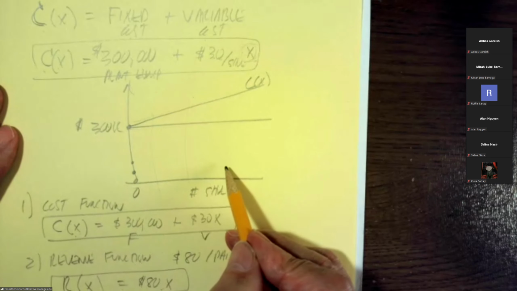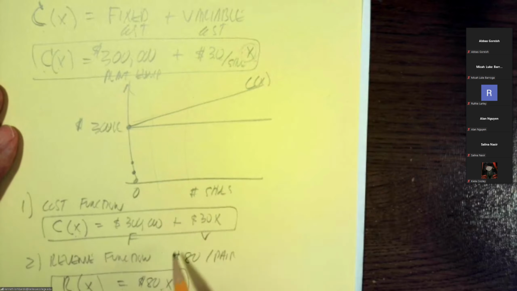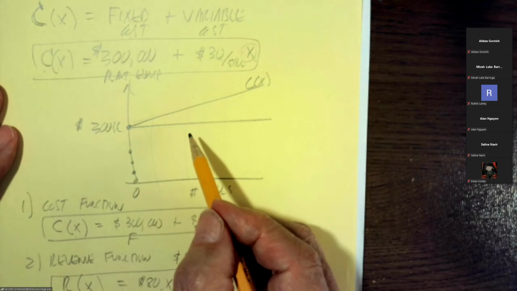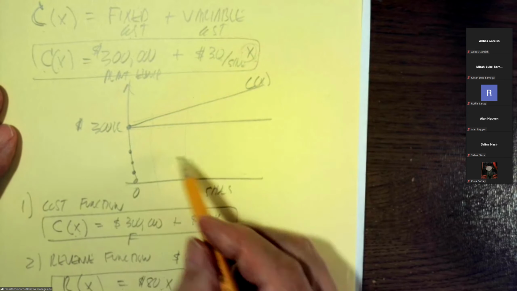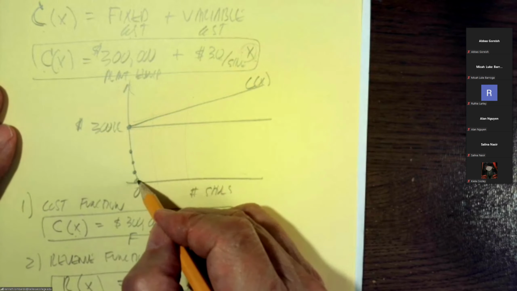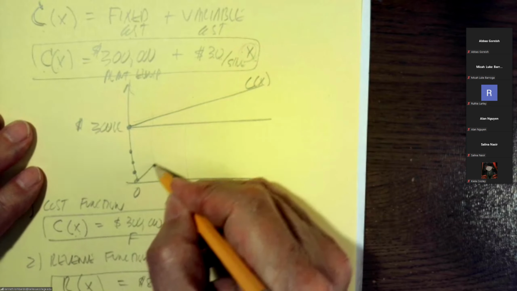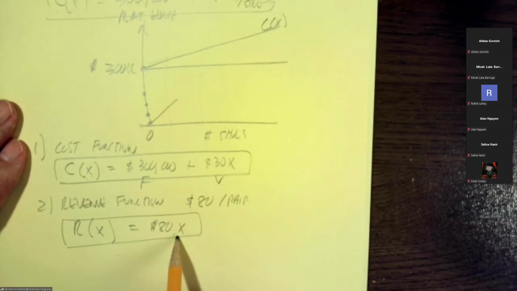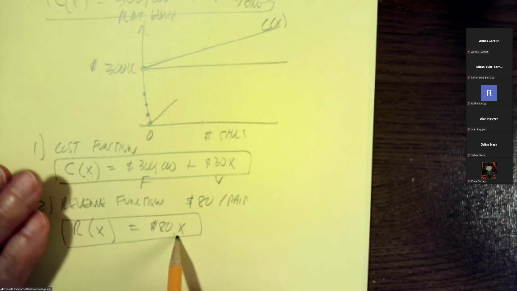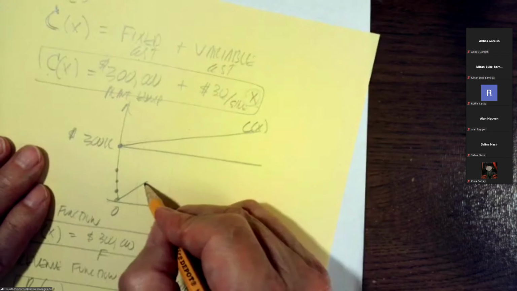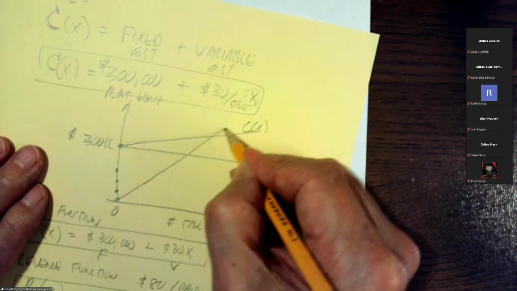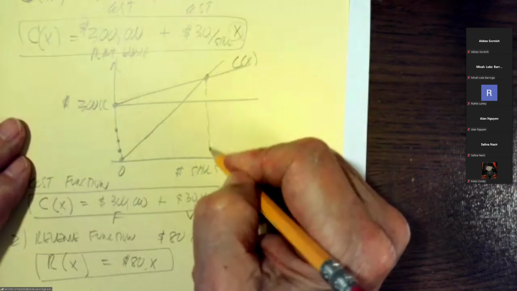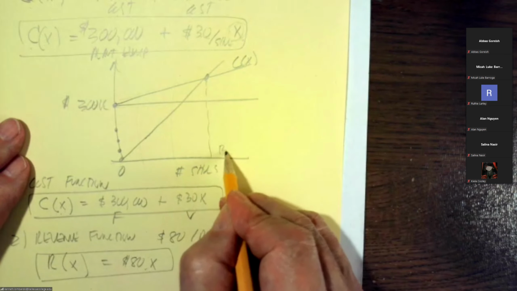If I sell 1,000 shoes, I make $80,000. So I'm working my way up here. Okay, so I'm going to have a revenue function that's going to go up linearly as the number of shoes increases. And you can probably see that where I'm going is, where does this revenue function cross my cost function? Because that really tells me my break-even point, doesn't it?